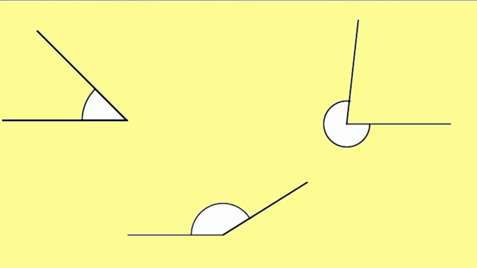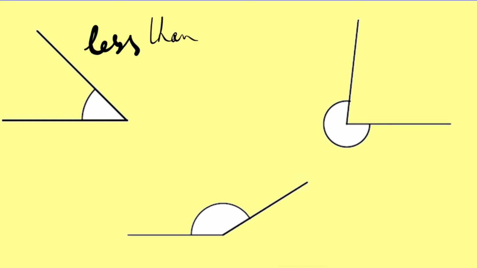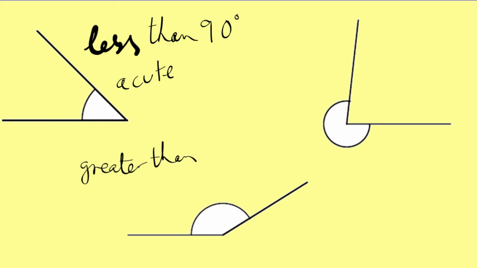So angles are broken down into 3 different types. A small angle, an angle less than 90 degrees is called an acute. An angle greater than 90 but less than 180, that's called obtuse.